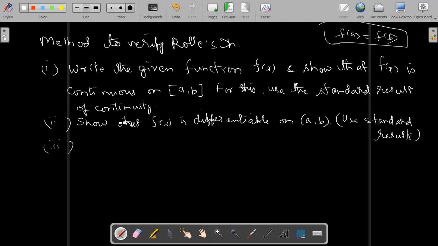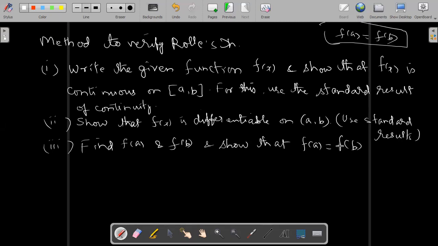For that, find f(a) and f(b) and show that f(a) is equal to f(b). Both should come out equal, then only Rolle's theorem is satisfied. Otherwise, Rolle's theorem will not be satisfied.